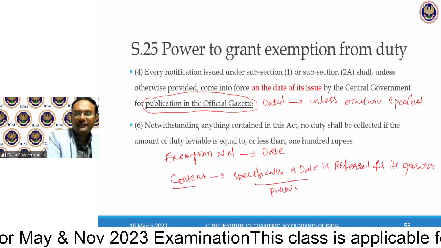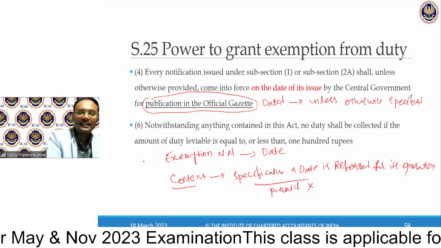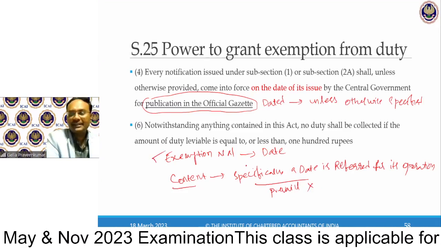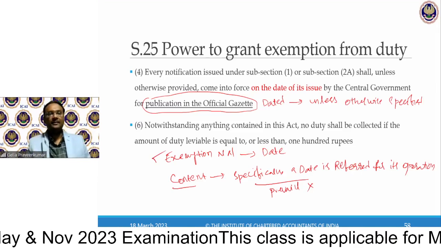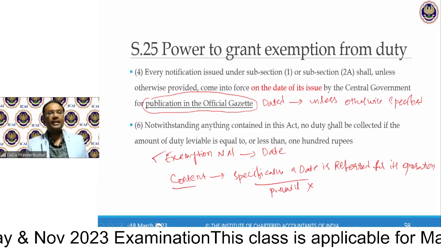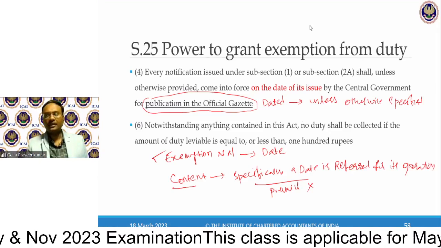So what if this date is missing? Then the day when this exemption notification is given, that is the day from when this exemption is applicable. This is the importance of section 25, subsection 4.